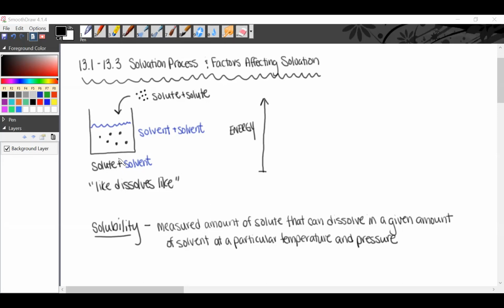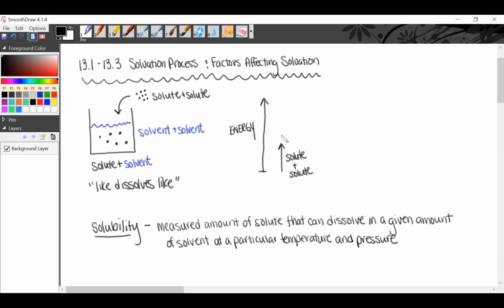Okay. So I want you to start thinking about these things in terms of energy as well. In order to overcome the solute-solute interaction, that would be an energy input. I would have to put energy in to separate the IMFs of the solute to the solute.